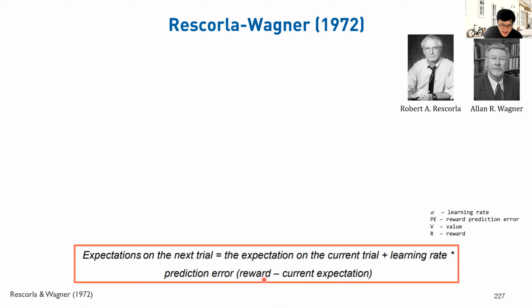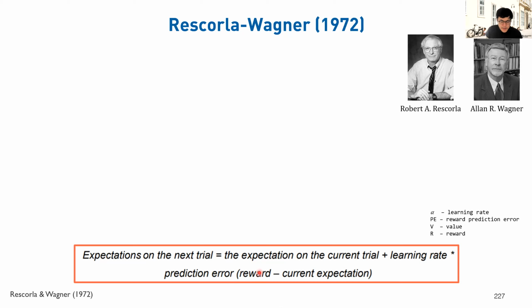So what is a prediction error? Prediction error here means the reward minus the current expectation. So basically prediction error means the error of prediction: how close your current prediction is relative to the reward.